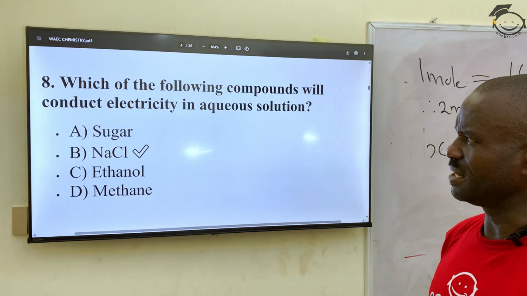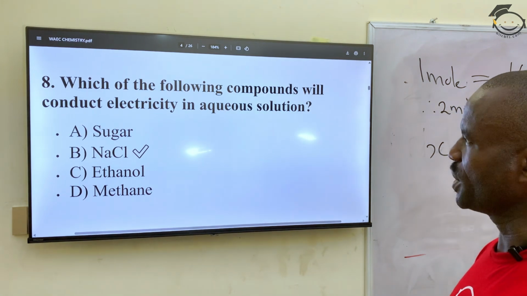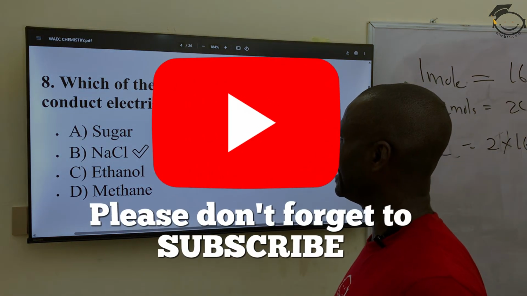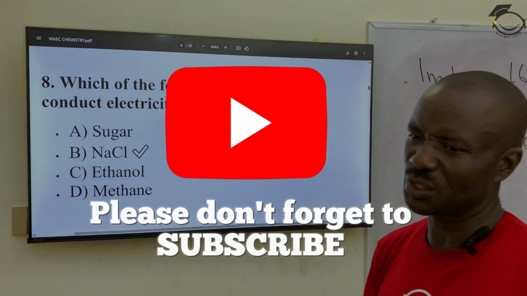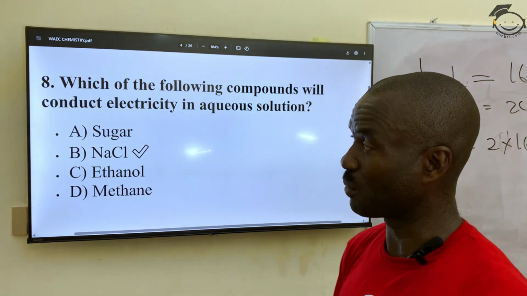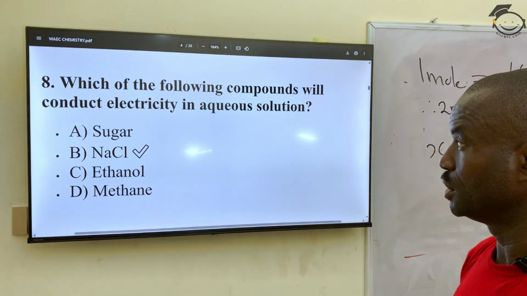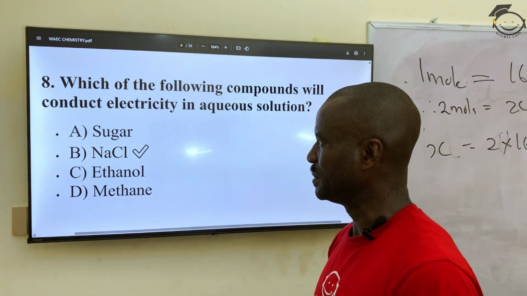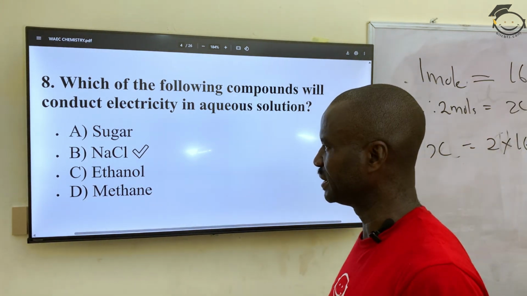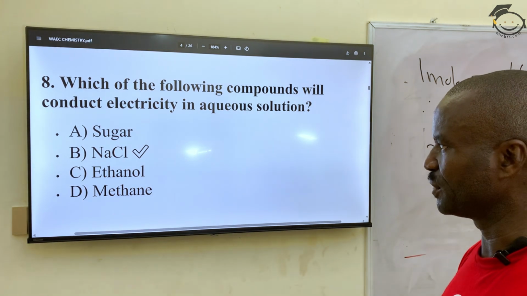Question 8. Which of the following compounds will conduct electricity in aqueous solution? An aqueous solution is a solution that contains water, meaning a substance dissolved in water forms an aqueous solution. A, sugar. B, NaCl, which is sodium chloride. C, ethanol.